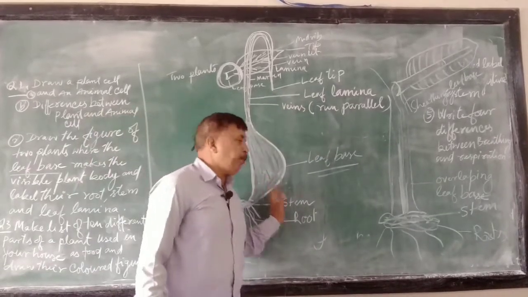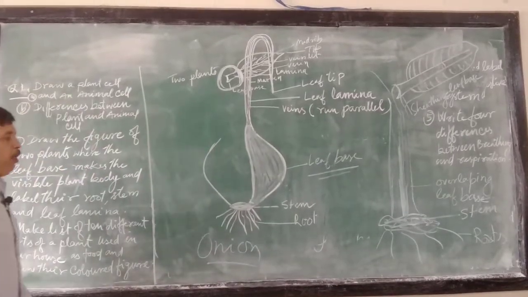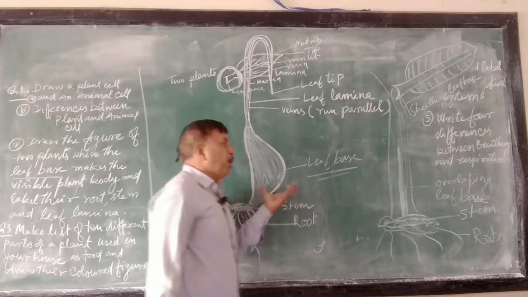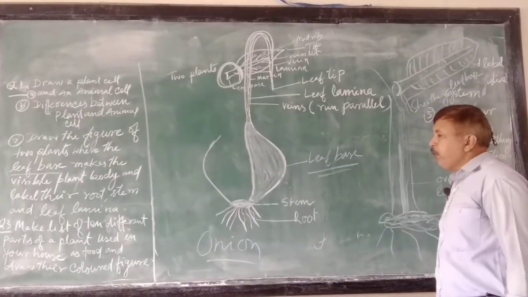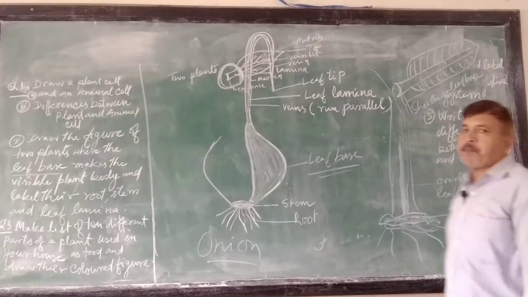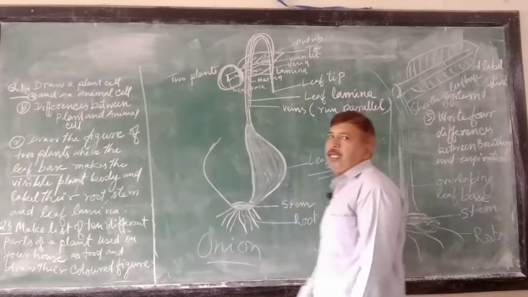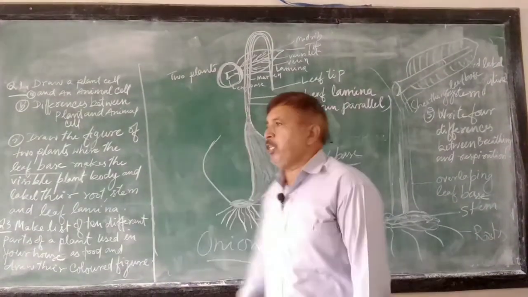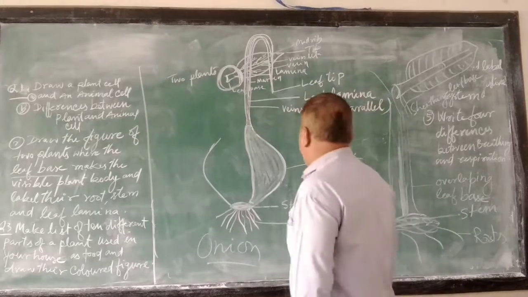So this leaf base overlaps one above the other and makes the prominent or major part of the plant body in case of onion. And similar thing happens with the banana plant, where this appears to be the stem but is not a stem, this is the bunch of overlapping leaf bases of banana, clear.